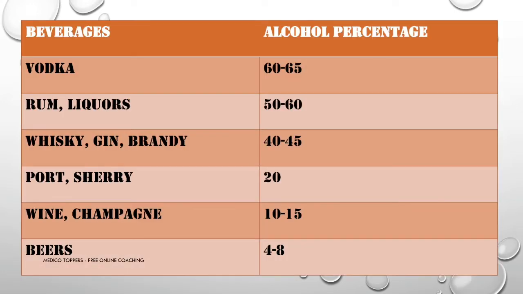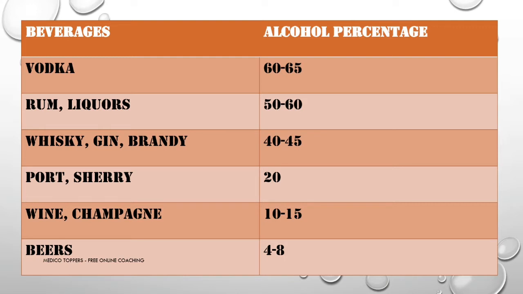Next, some of the most common beverages, and their approximate percentage of alcohol by volume. First, vodka 60 to 65 percent, rum and liqueurs 50 to 60, whiskey, gin, brandy 40 to 45, port 20, wine 10 to 15, and beer 4 to 8 percent. Beer has the lowest amount of alcohol, and the highest is seen in vodka.